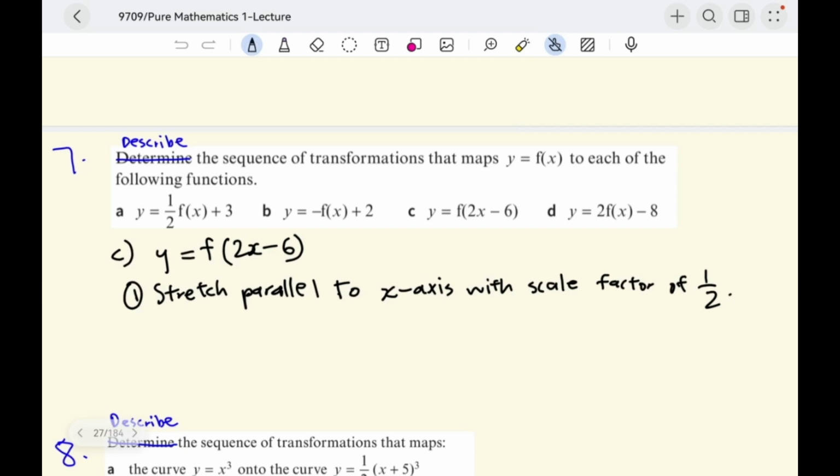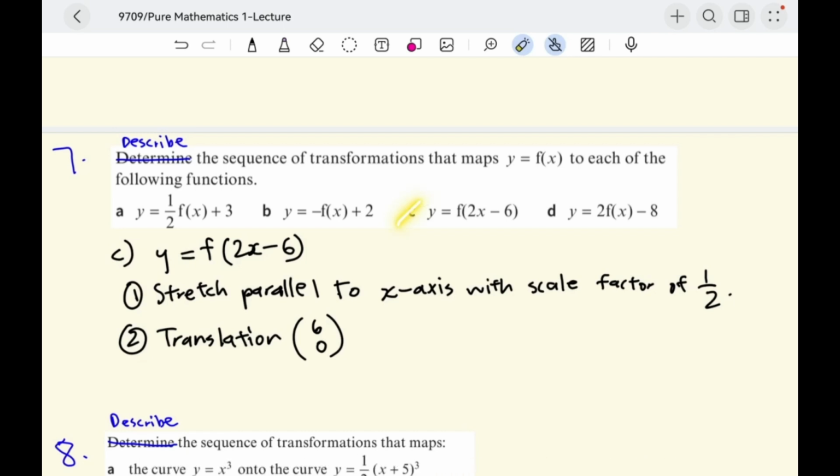Next, we have minus 6, which means that there's a translation (6, 0). I know for this part you might have your alternative answers, but if you do, just comment in the comment section below of this video.